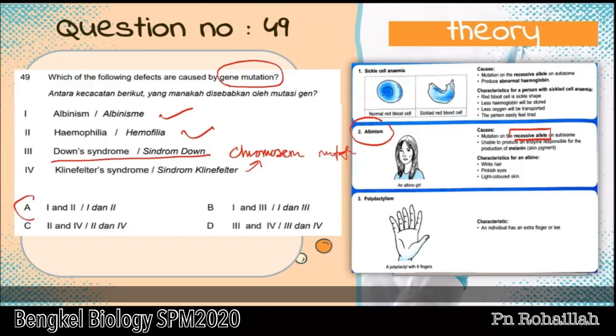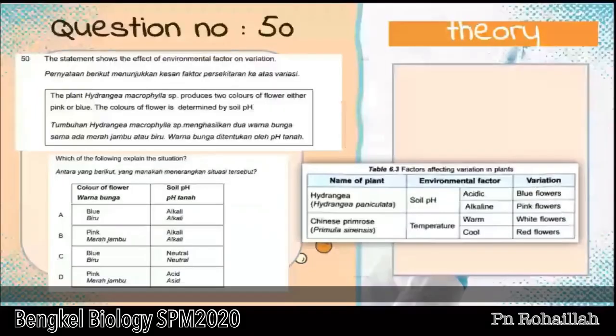And then the last one. The statement shows the effect of environmental factor on variation. The plant, Hydrangea macrophylla species, produces two colors of flower, either pink or blue. The color of the flower is determined by soil pH. Which of the following explains the situation?